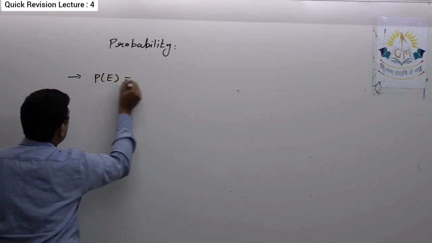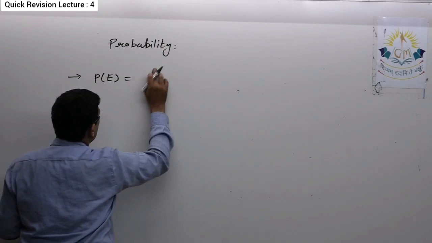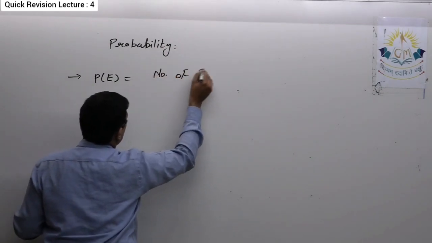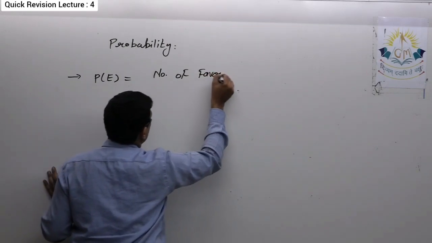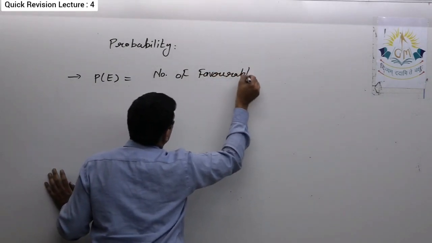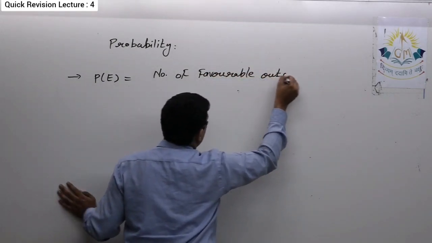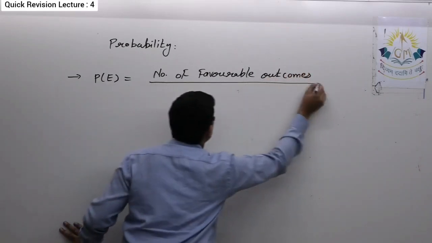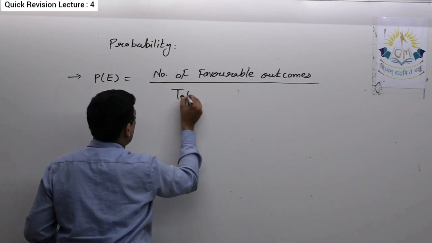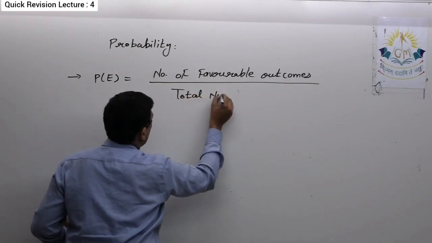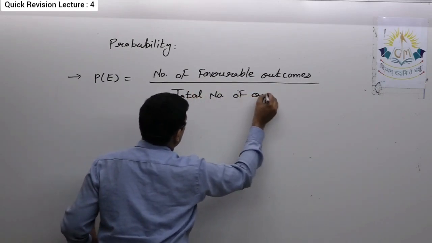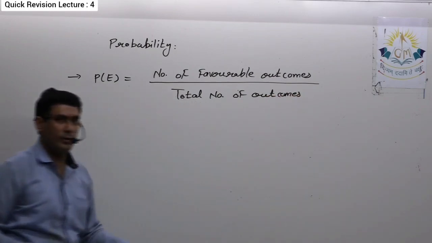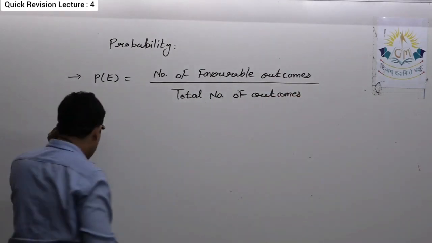Probability of any event is the number of favorable outcomes upon the total number of outcomes. That is the formula that we'll use throughout this particular chapter.